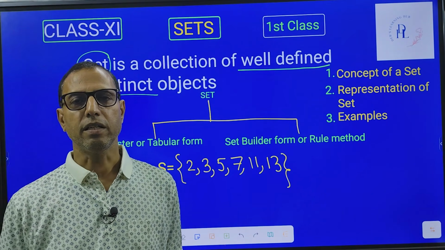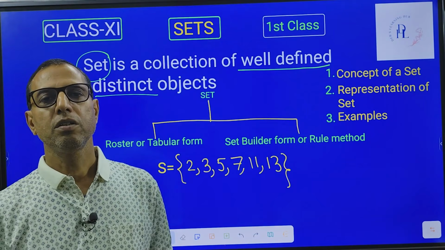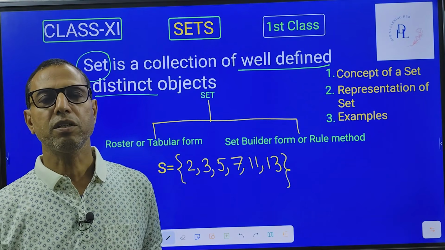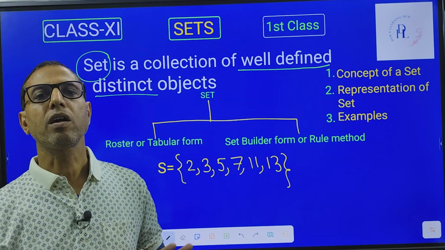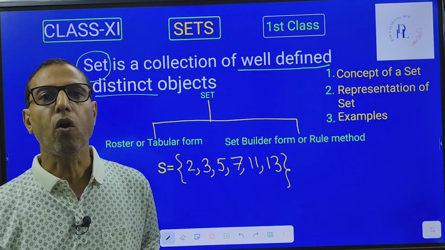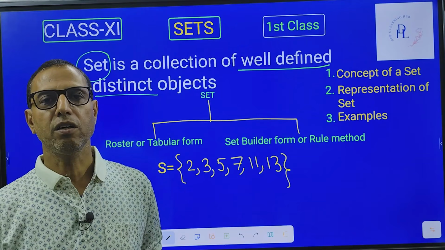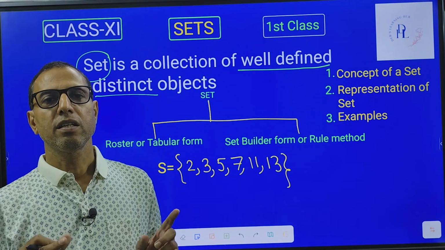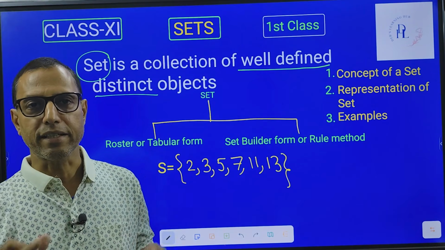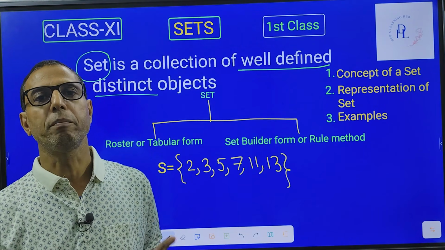Let's say you are asked to write in roster form the set A, which is all the letters from the word mathematics.